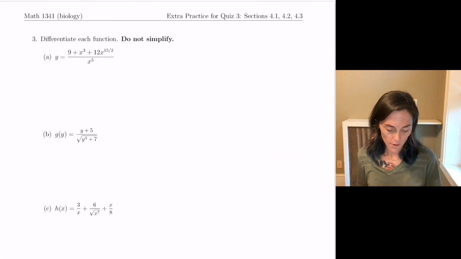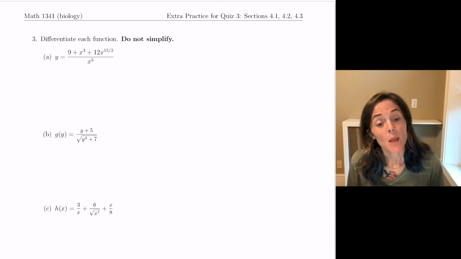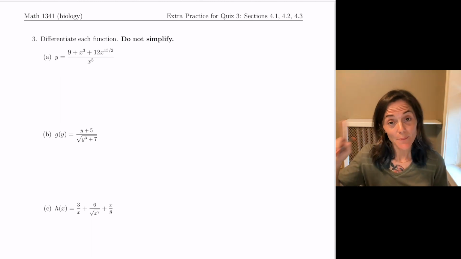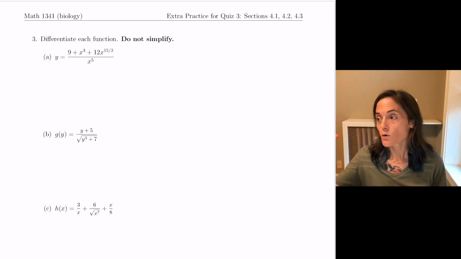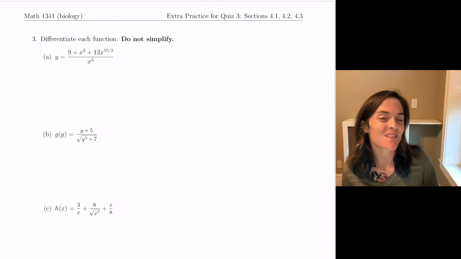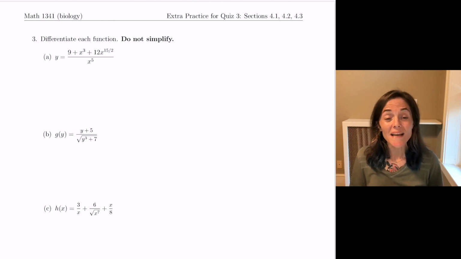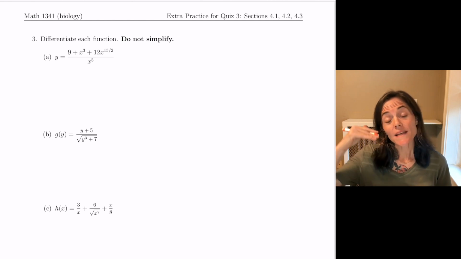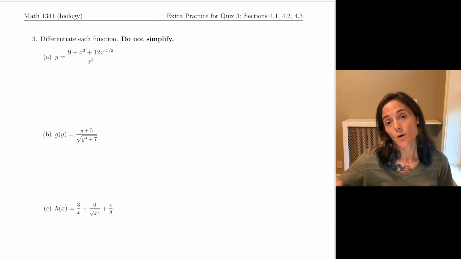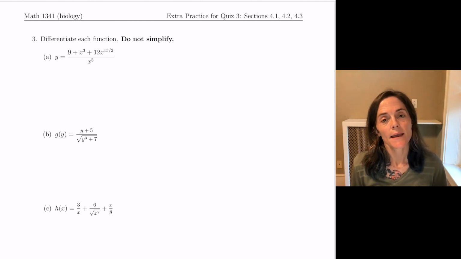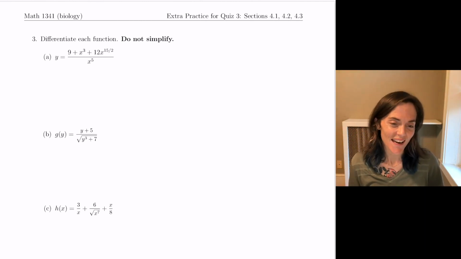Number 3, we have 5 derivatives. Do not simplify. We can expect power rule, product rule, quotient rule, chain rule, and maybe more of those combined in a single question. So the first one, we do see one function divided by another. If you wanted to jump in with a quotient rule and do not simplify, perfectly fine, full credit.